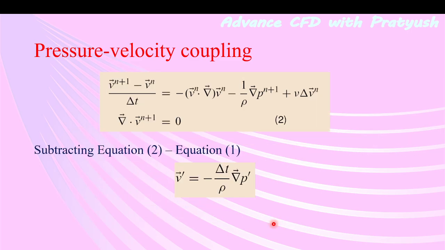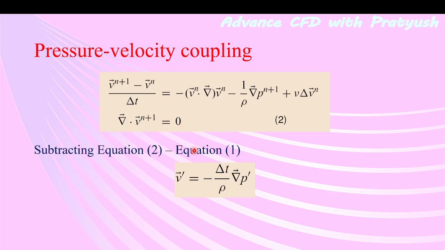Now if we put this into the two equations, that is the momentum equation and the continuity equation, since we are assuming that this is the corrected velocity, this velocity should follow the momentum equation, and this V n plus 1 should also follow the continuity equation.